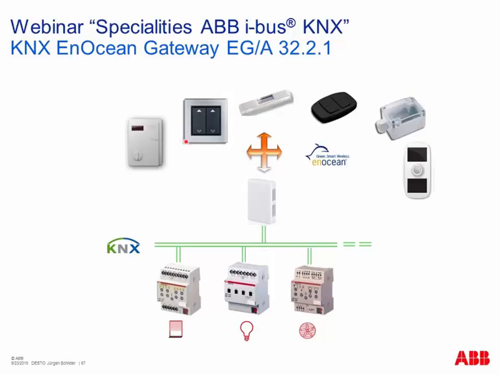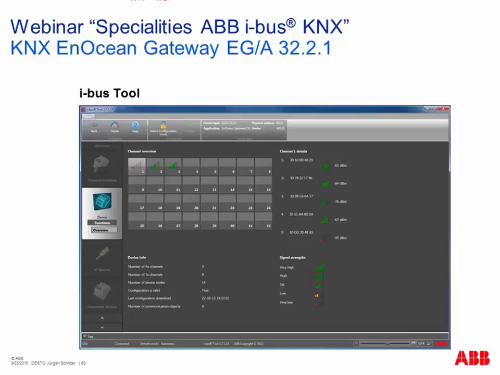It's a very nice solution when maybe it's not possible to install twisted pair KNX sensors or temperature sensors or motion detectors in the room, maybe when you have a lot of glass or when you don't know exactly the position. So the main advantage is we can still use our IBUS tool. So we start the IBUS tool, connect to the EnOcean gateway, and then we can see, for example, the signal strength of the EnOcean device.